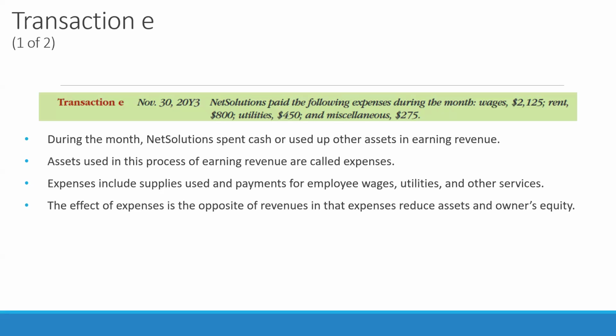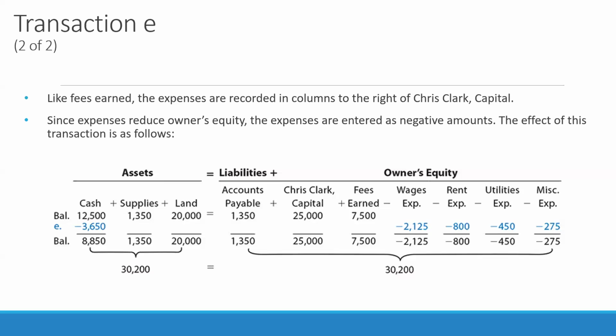Net Solutions paid the following expenses during the month: wages, rent, utilities, and miscellaneous. As we talked about, expenses reduce owner's equity, and they're all going to be recorded in separate boxes, like separate accounts, right?